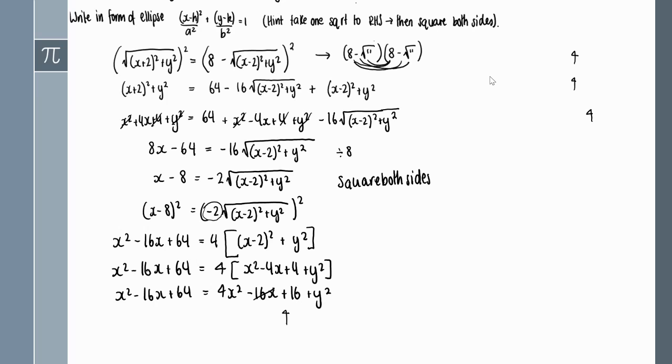Okay, like my ellipse, let's try and get all the x's on one side as well as the y's. So I notice I can cancel out the minus 16x. And now let's put this x squared plus 64 equals 4x squared plus 16 plus 4y squared into the form of ellipse. So x squares and y squares on one side, and let's move the numbers to the other side.